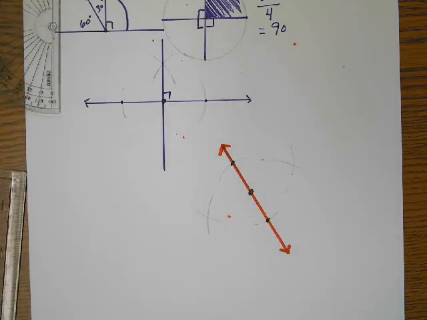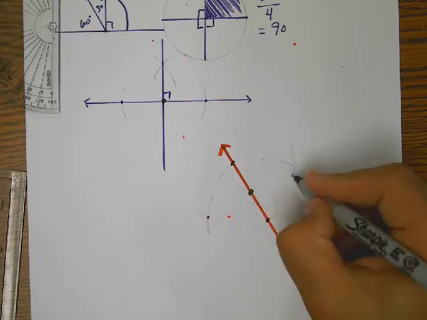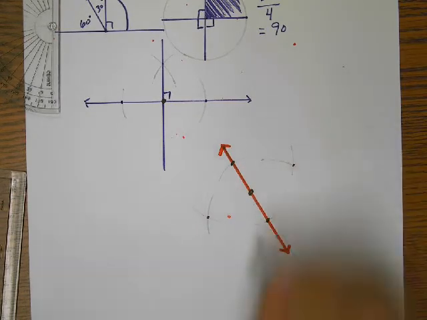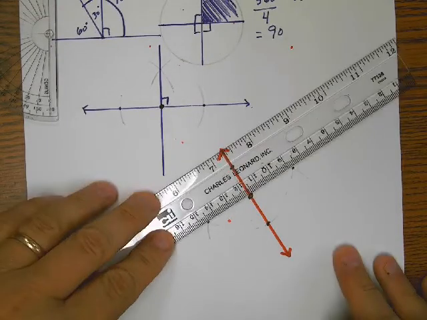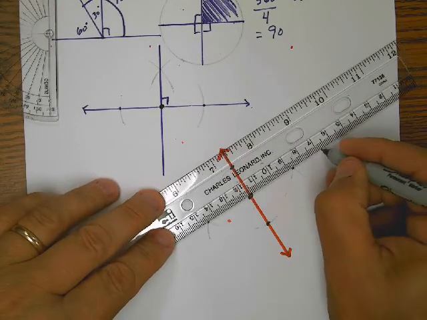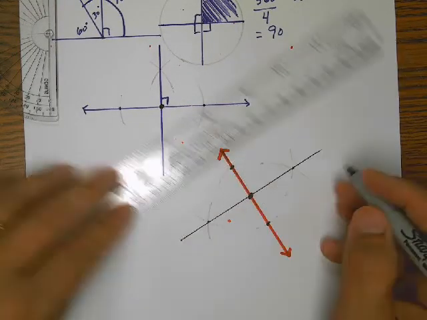Everyone see the 3 points? One on each side, and then the point that was on the original line. We line up those 3 points and connect. Perpendicular.